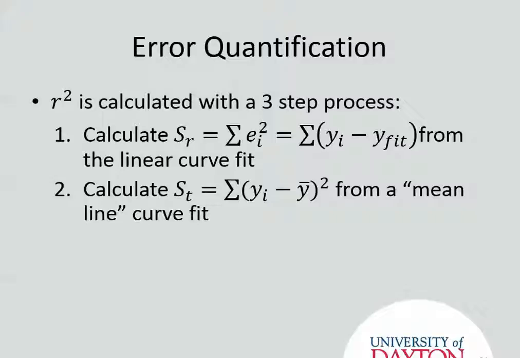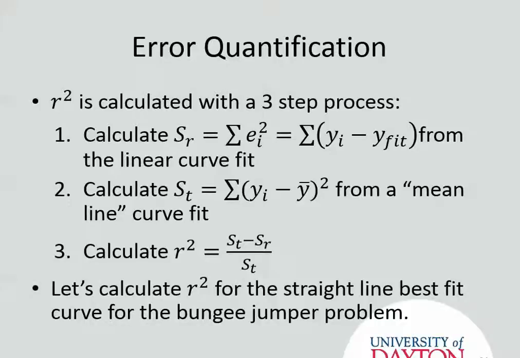That's what that quantity is. And then we relate those two things together with this formula where we take the mean value minus the best fit value over the mean value, and we get this relationship between the two parts of the data. And whenever we do that, now we get that percentage of how well the best fit curve fits relative to that mean curve.